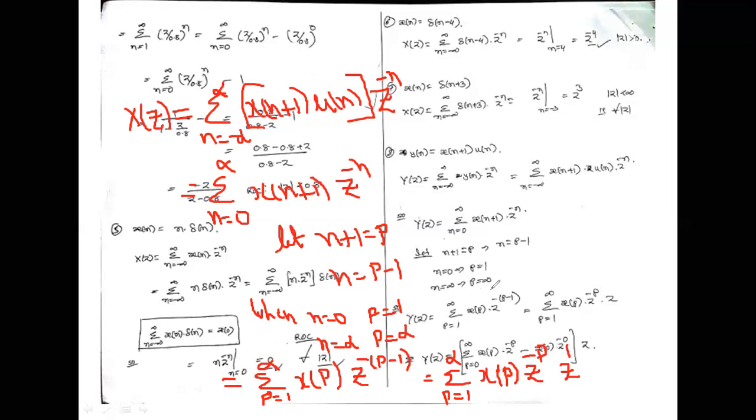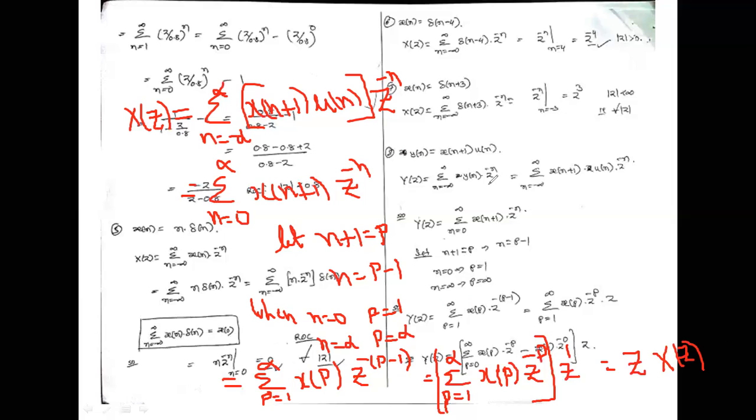Now we can add the x of 0 term to extend the sum from 0 to infinity, giving the unilateral z-transform. This function is x of z only, so we get z times x of z minus z x of 0. Got it, my dear students?